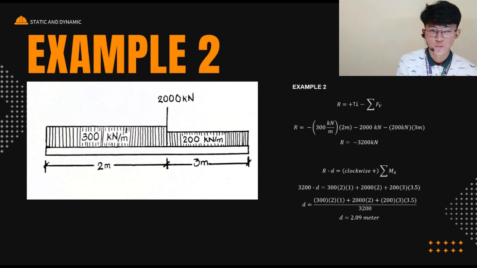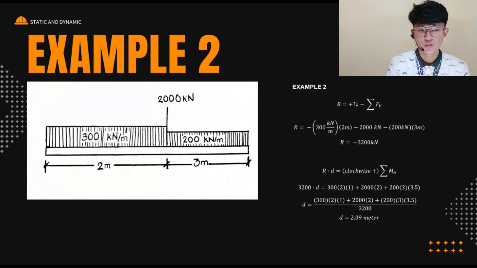So, for our next one, example 2. So, figure lang ang meron tayo pero kukunin natin ang resultant and distance para ma-practice pa natin ng maayos ang pagkuha nito. So, kung makikita natin sa figure, meron tayong 300 kN per meter and sa right side naman is 200 kN per meter. Sa 300 kN per meter, meron doon nakalagay siya sa 2 meters.